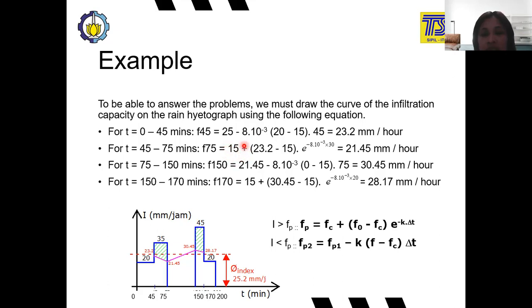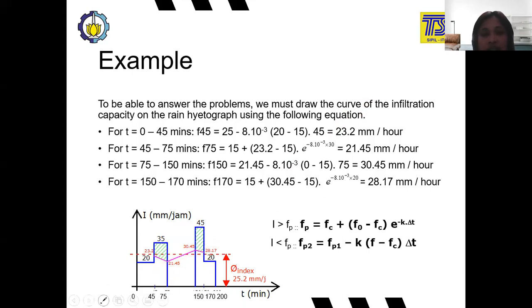Here we got this 15, FC from the data, and then F0 is the F from the previous one that we already calculated here, 23.2, minus FC we got from the data, and then times e to the power of minus K times delta T. And then we got this 21.45 millimeter per hour. Here we got 21.45. Then slowly we can draw the curve.